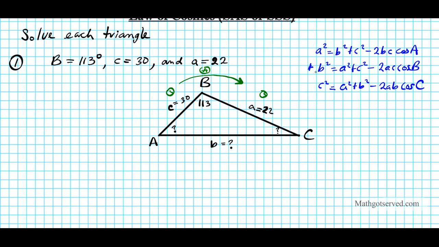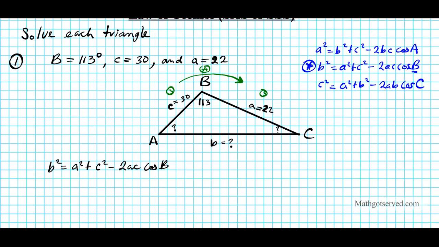Okay? So the easiest way to determine the right formula to select is to look at the angle, because each formula has exactly one unique angle. This has angle B, so that's why we're going to select this one. All right? So we're using the formula. Let's write it down here. b squared equals a squared plus c squared minus 2ac cosine B. Okay.